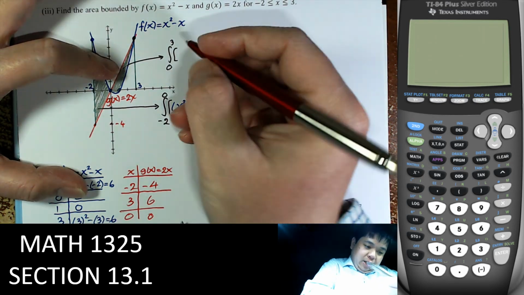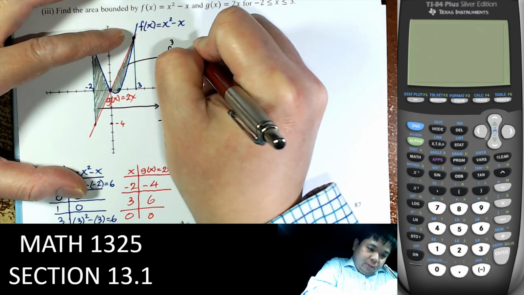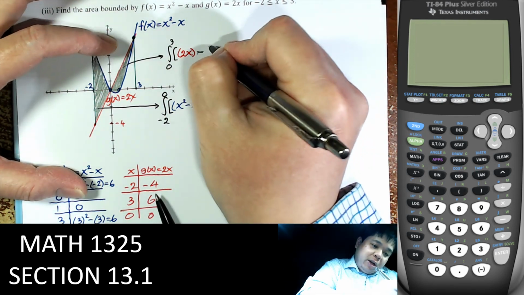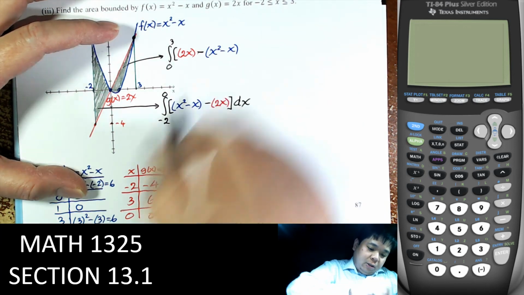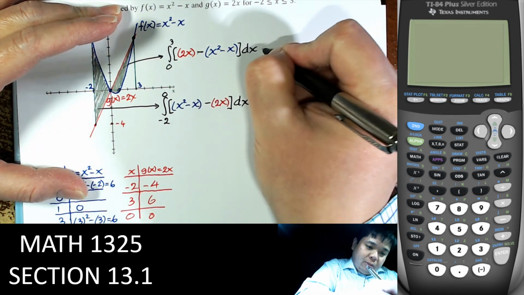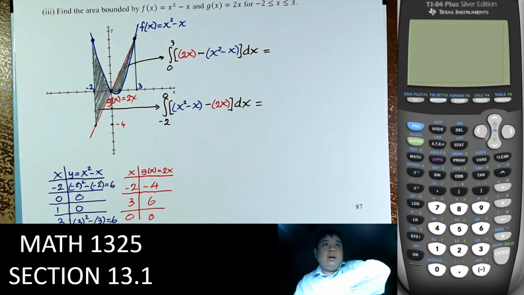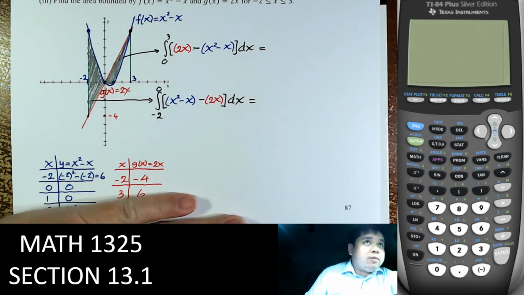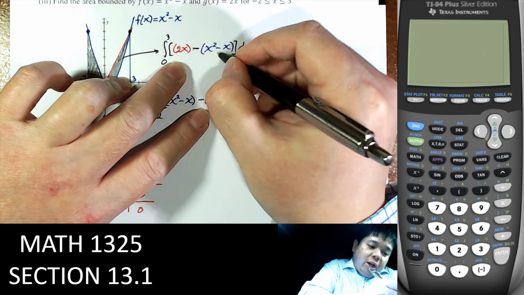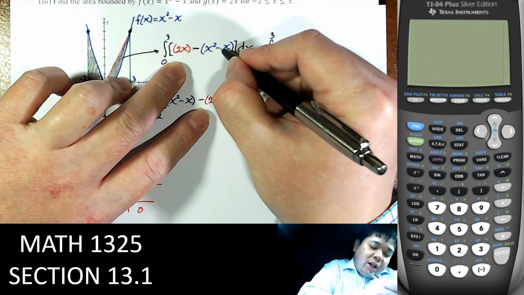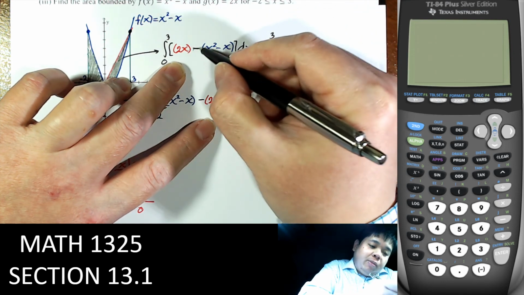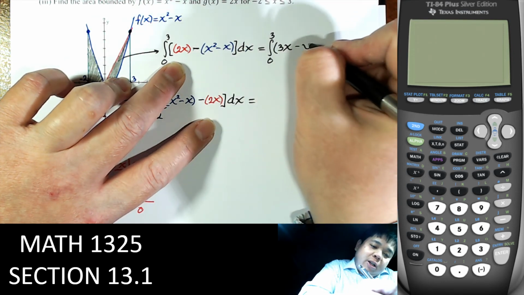The line is above. Subtract the function below, x squared minus x. So from 0 to 3, we have 2x minus a negative x, so that will be 3x, minus x squared.